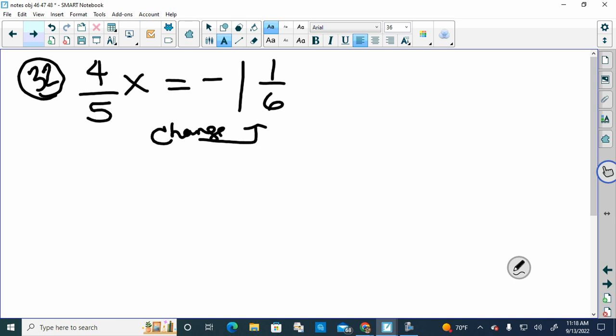So to do that, we multiply the denominator times whatever the whole number is, and then what do we do with that? Add it, right? So 6 times a negative 1 is a negative 6, and a negative 6, wait, ignore my negative. 6 times 1 is 6, plus 1 would make it 7. So it's a negative 7 over 6.